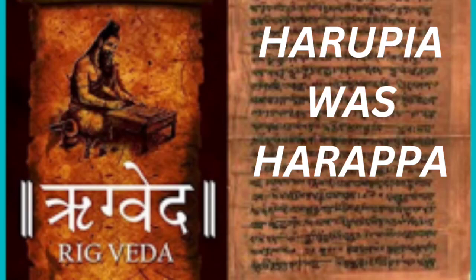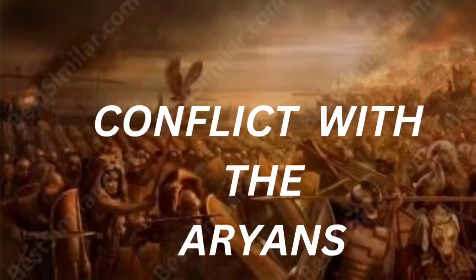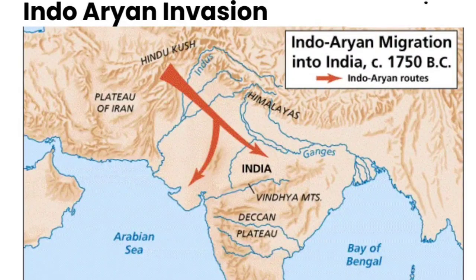So conflict with the barbarians or with the Aryans who started migrating in this region and settling over here during this period, that also appears to be one reason of end of this civilization.